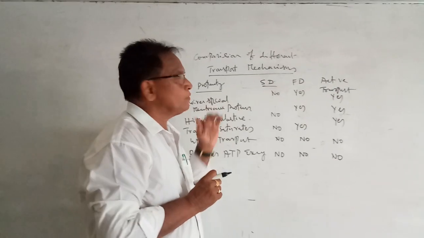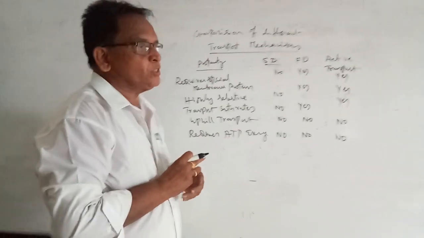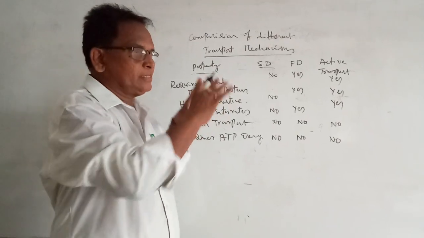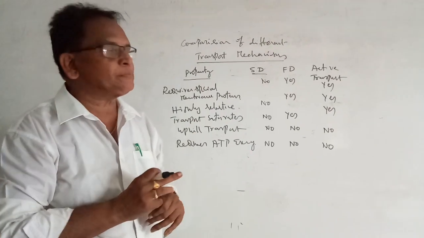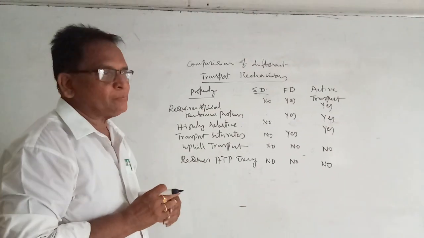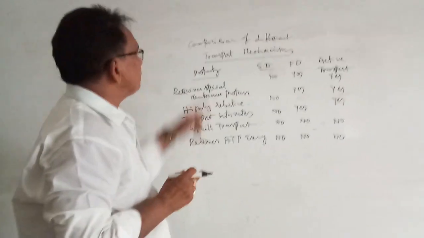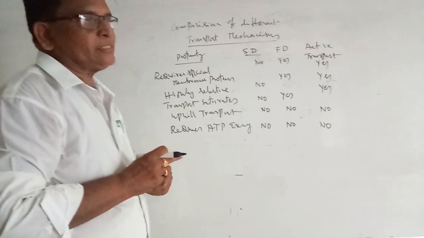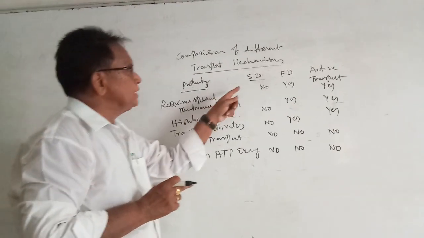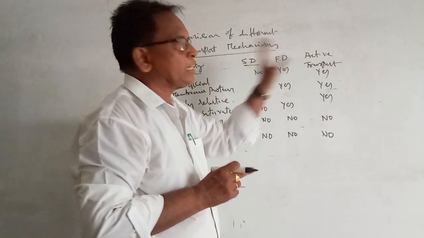So far we have discussed diffusion, facilitated diffusion and active transport. Coming to the comparison between these three aspects, here is a table that will give you an idea about the differences between these three items. The comparison of different transport mechanisms. The properties are listed, and the columns are simple diffusion, facilitated diffusion, and active transport.